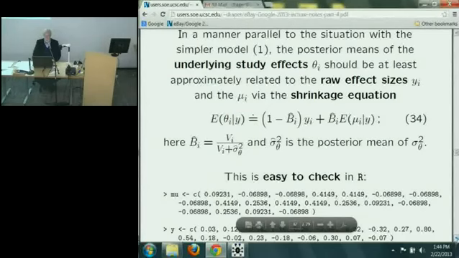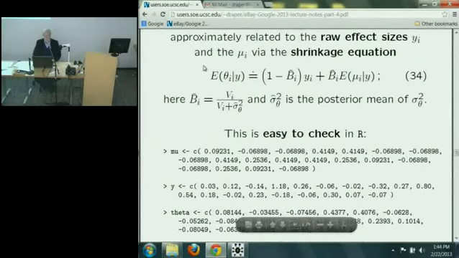So the posterior expectation of theta I given y should behave something like 1 minus b hat I times y I plus b hat I times the posterior expectation of mu I given y. So this is like a little generalization of the shrinkage equation I showed you before. And the b I hats have the same behavior that they did before. And sigma hat squared is the posterior mean of sigma squared for the thetas.